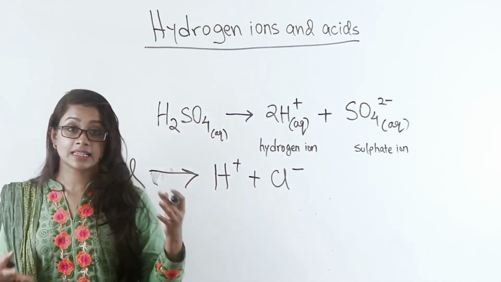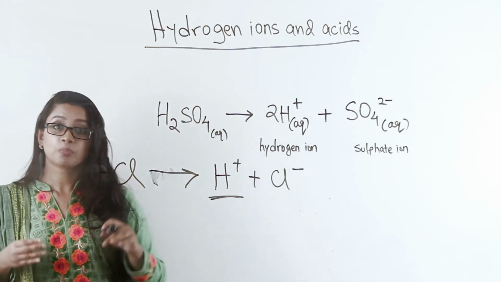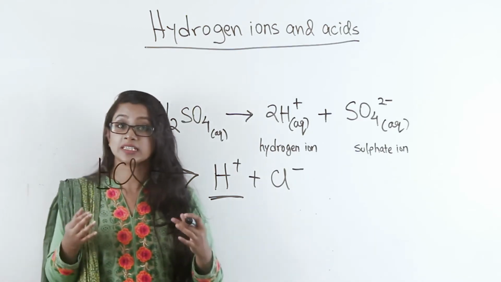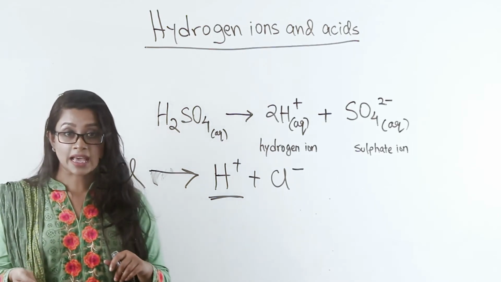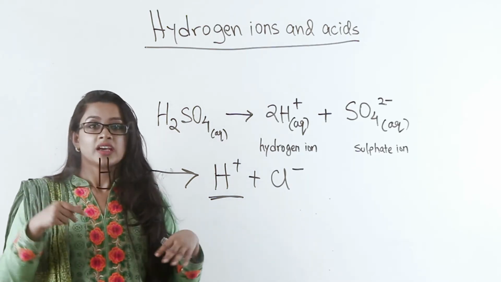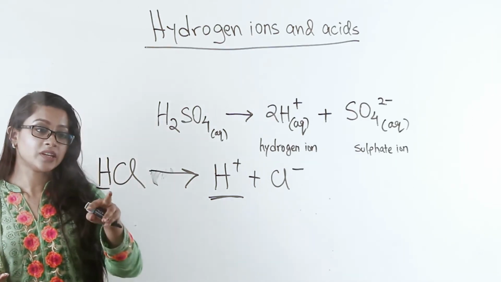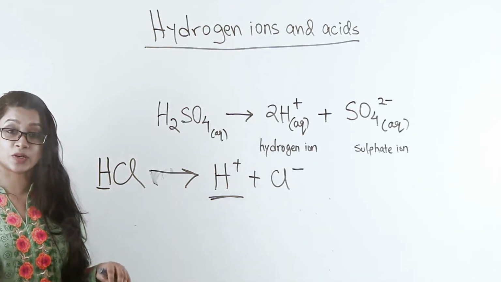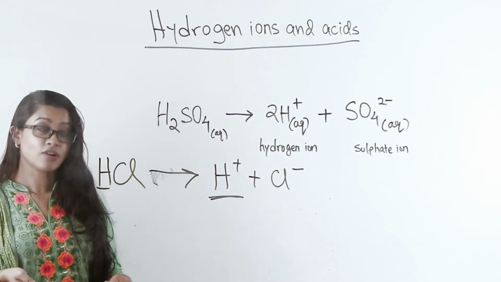Since this acid is capable of forming one hydrogen ion per molecule, it is known as a monobasic acid. You can also understand mono, di, or tri from the number of hydrogen atoms present in the chemical formula of the acid itself.